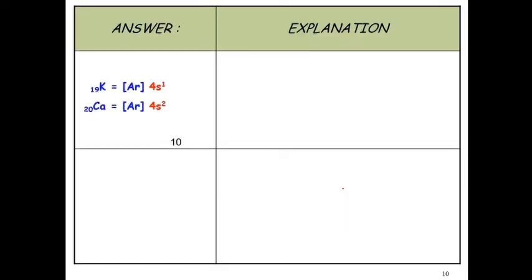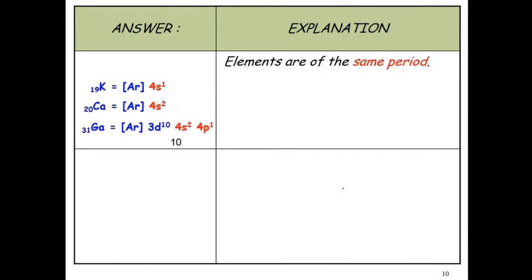Potassium, calcium and gallium are elements of the same period. They are elements of the same period because the electronic configuration for potassium, calcium and gallium ends with the highest principal quantum number n equals 4.